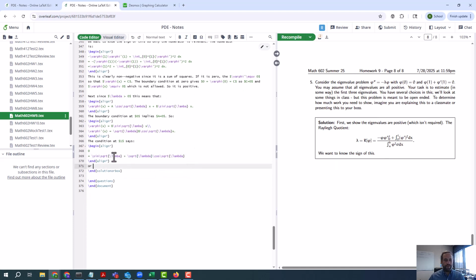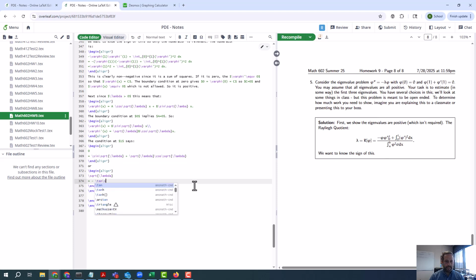If we move the sine to one side and divide by cosine, we get the square root of lambda is going to be equal to minus sine over cosine, so minus tangent square root lambda. Now this is an algebraic equation in the sense that it's not a differential equation. This is an algebraic equation that lambda satisfies.